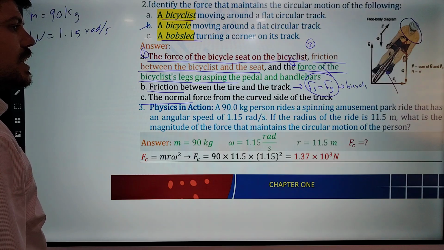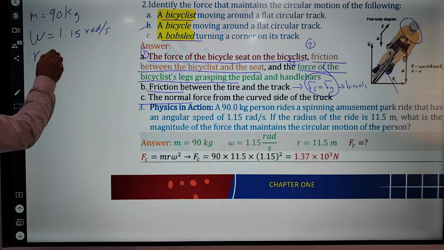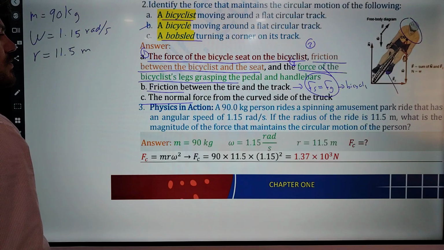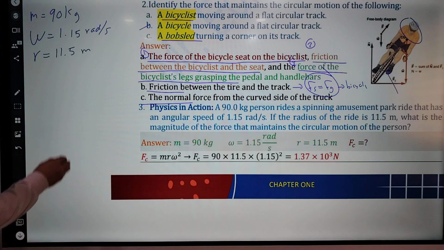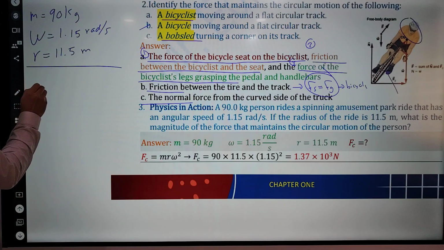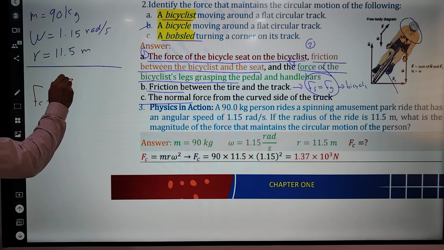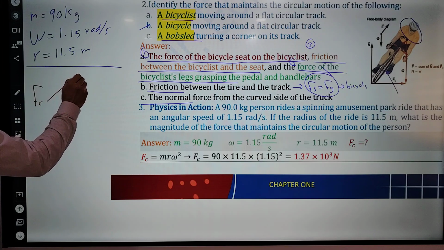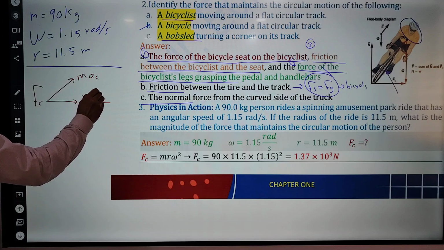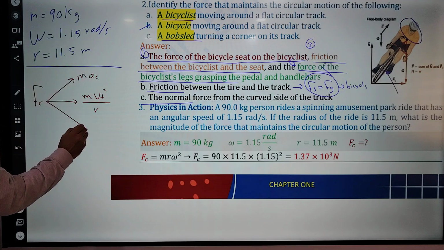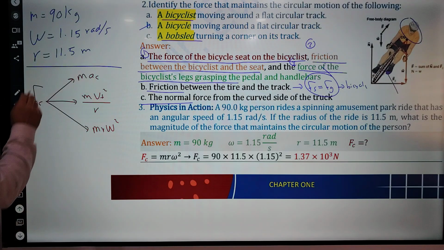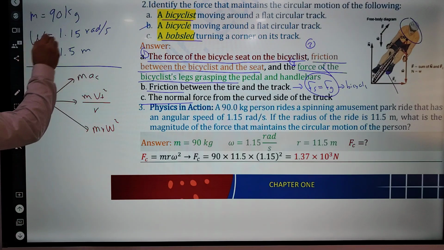If the radius of the ride is 11.5 meter, what is the magnitude of the force that maintains the circular motion? As you know, we have three equations for circular motion. Centripetal force: m a c, m v t squared over r, and m r omega squared. Which equation can be used to find centripetal force?